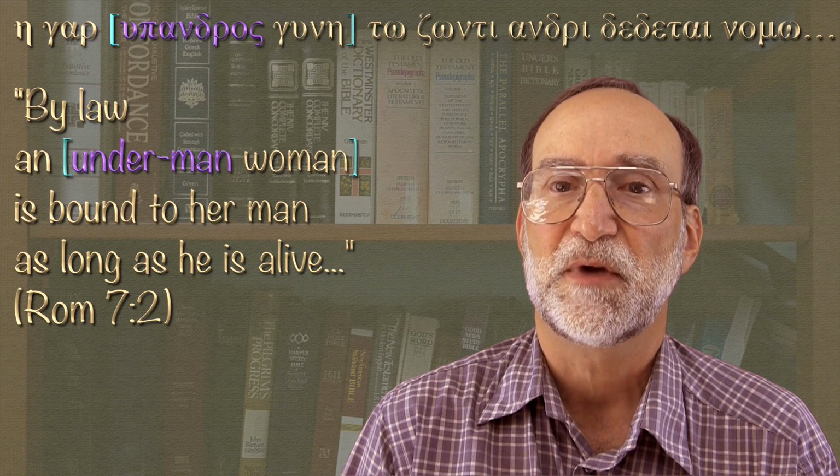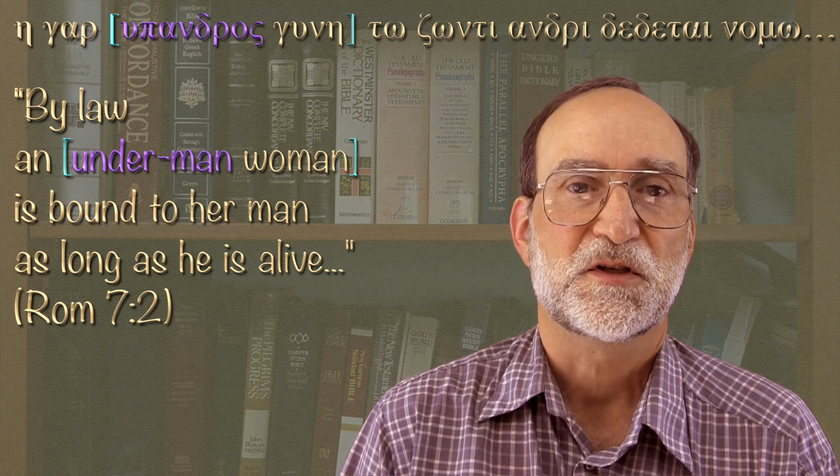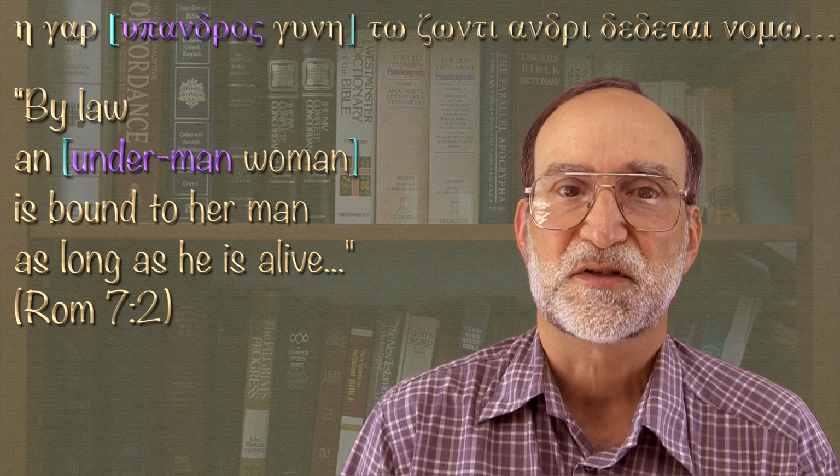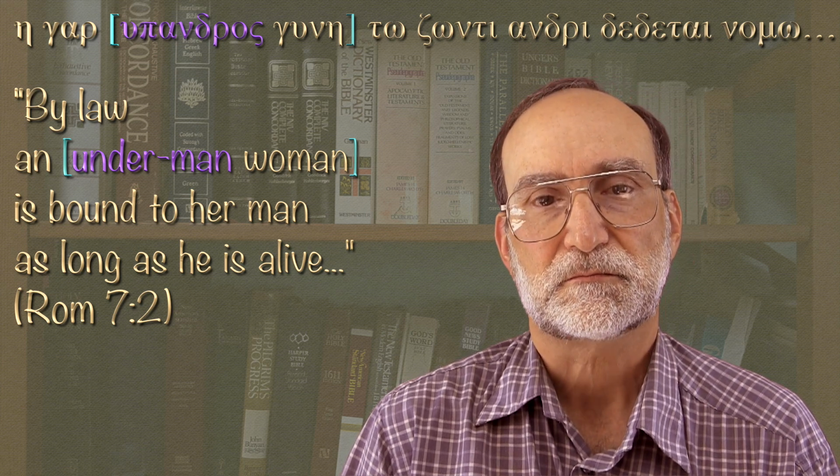Now, if there was a word that could have been used to describe a legal biblical divorce in the scriptures, it would be the word used in the verse I mentioned before, when talking about what marriage is. Romans 7:2.